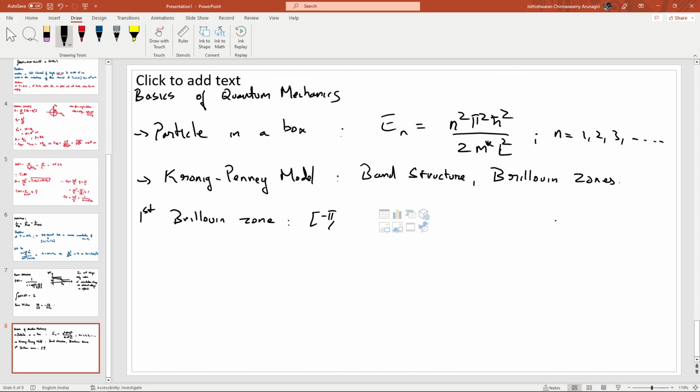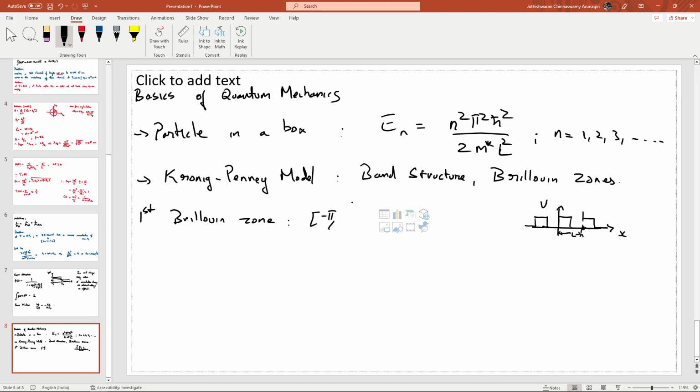So let us assume that the potential for the KP model, let me assume that this complete period that repeats itself has a complete length L. Okay, I'm not identifying them as A and B. So this is B and this is X. So yeah, the potential is repeating itself periodically.